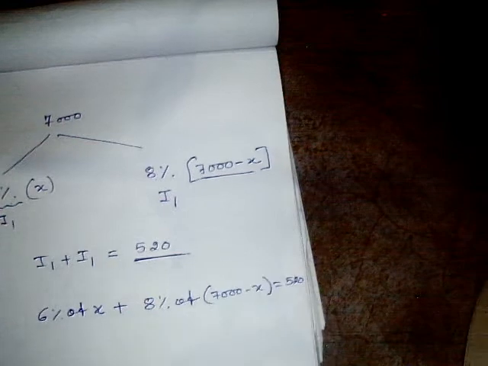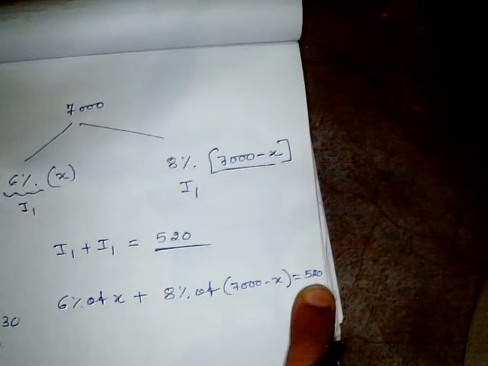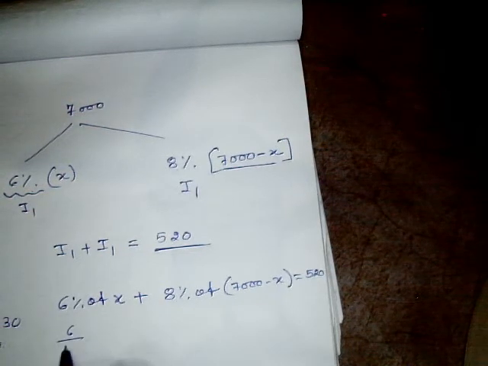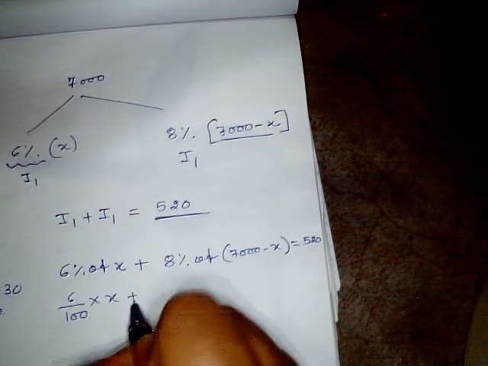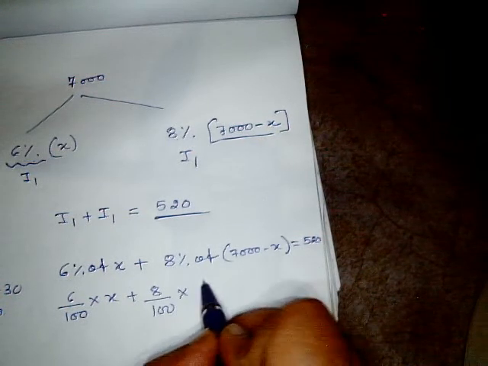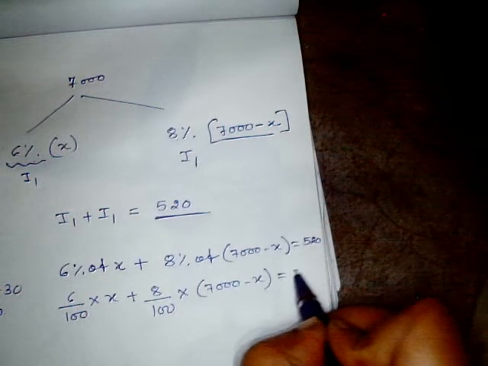When you remove the percent sign, 6% means 6 upon 100, and of means multiplication. Now 8% means 8 upon 100, of means multiplication, that's 7,000 minus x, equals 520. First I need to remove this 100.